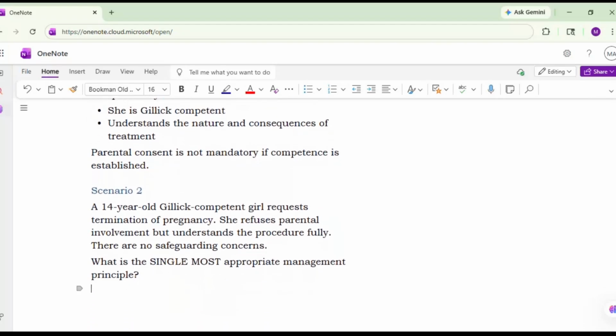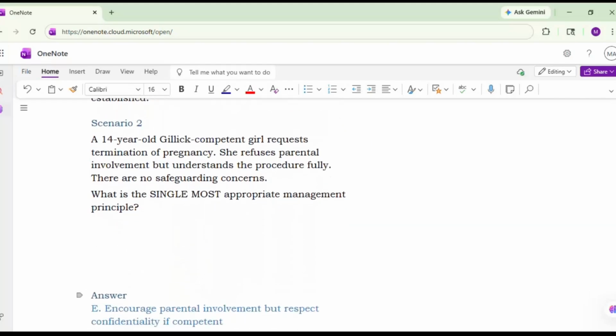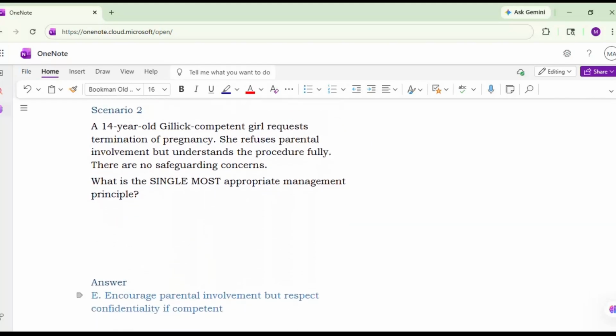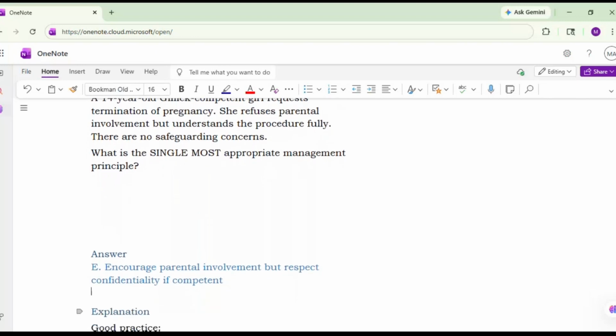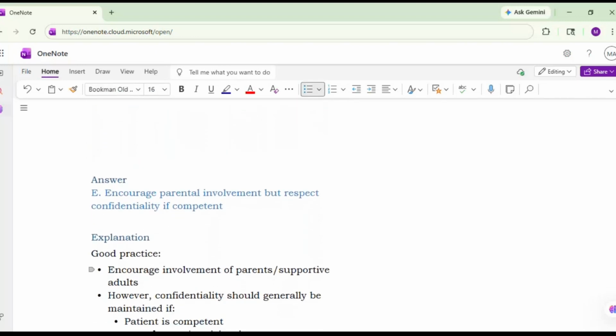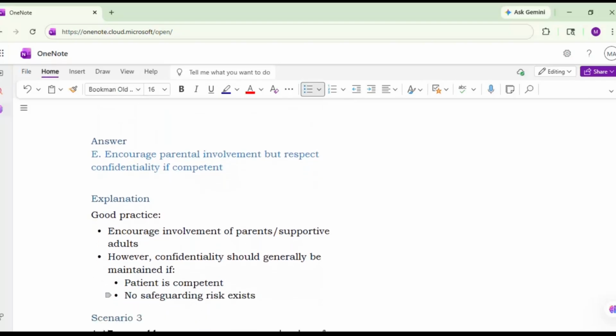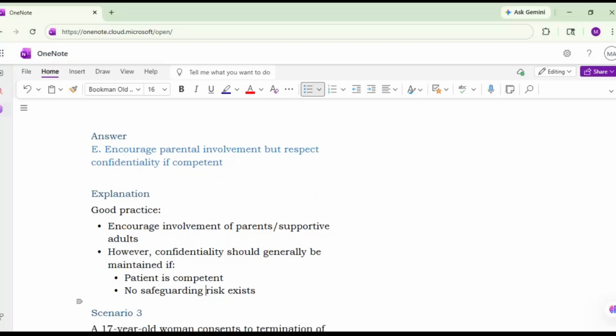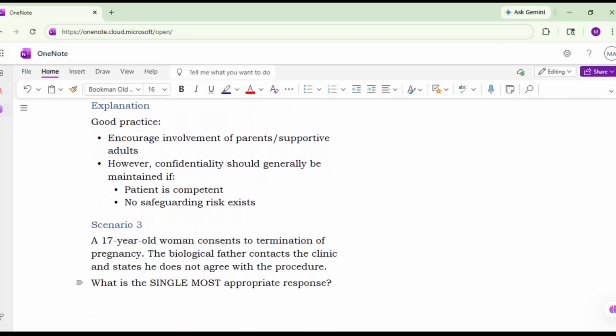So our job will be to encourage parental involvement but respect the confidentiality if she's competent. Good practice: encourage involvement of the parents and supportive adults. However, confidentiality should generally be maintained if the patient is competent. No safeguarding risk exists.